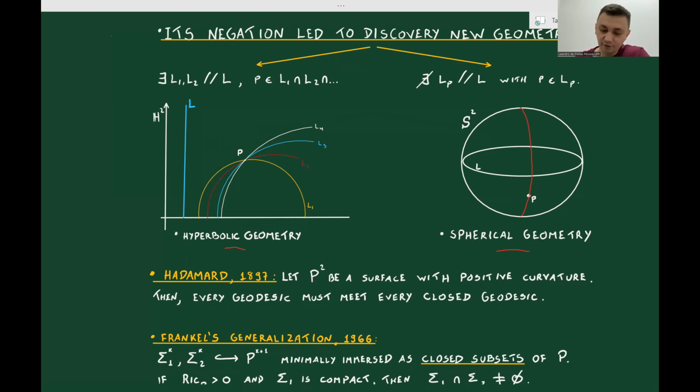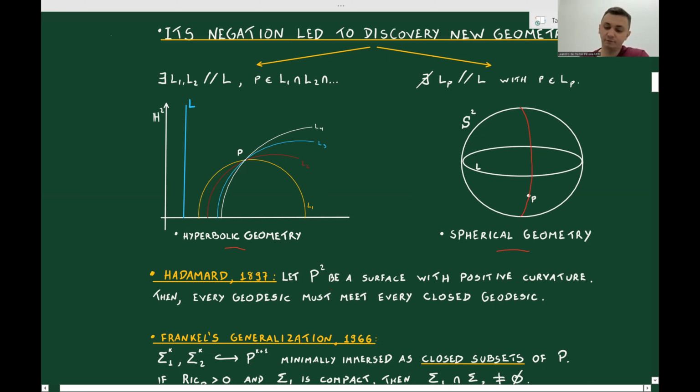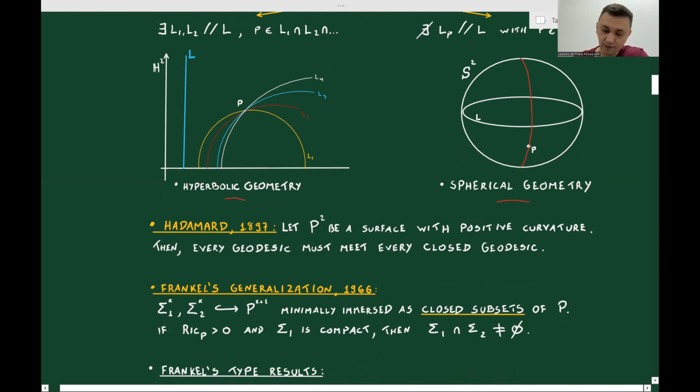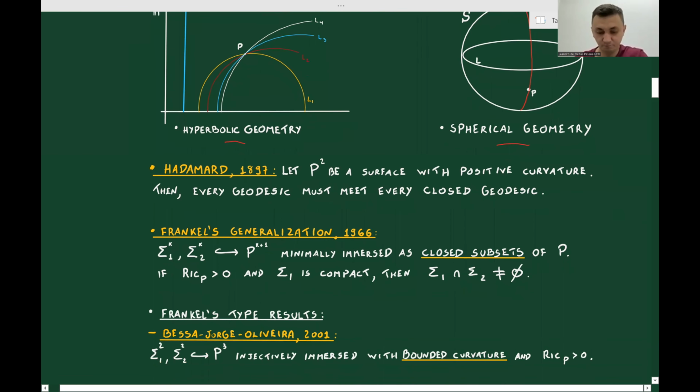He considered a surface with positive Gaussian curvature, and he proved a similar thing to what happens with the sphere. He proved that every geodesic must intersect every closed geodesic.